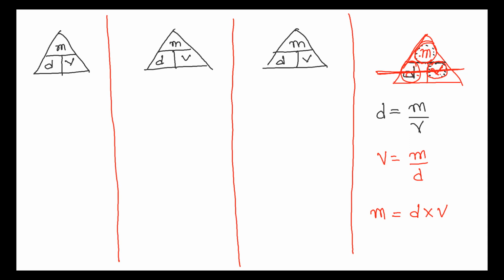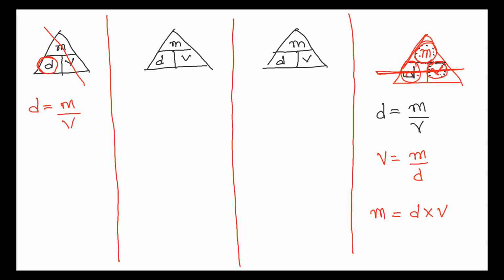Now, what we are trying to emphasize is that if you want to make density the subject, density is what? Mass upon volume, mass by volume. So density becomes mass by volume.